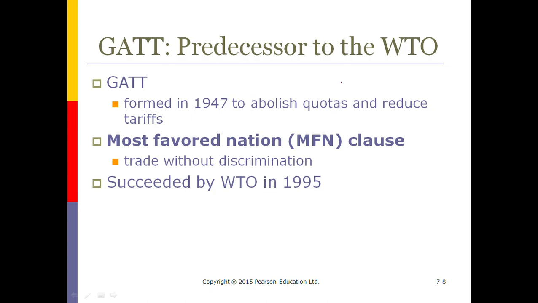In fact, in 1947, when GATT was formed, the agreements were related to quotas or reduction of tariffs. Remember what we meant by quotas and tariffs from our previous chapter discussions. In 1995, GATT was replaced by WTO.